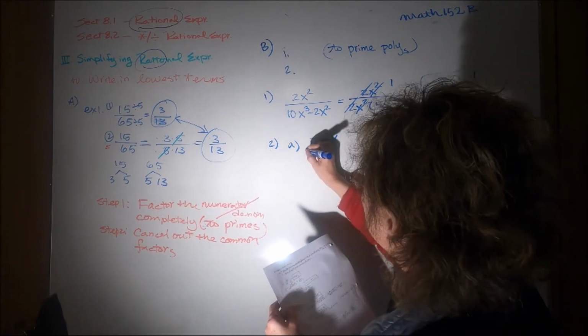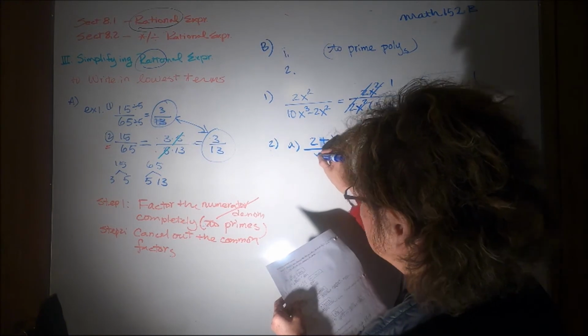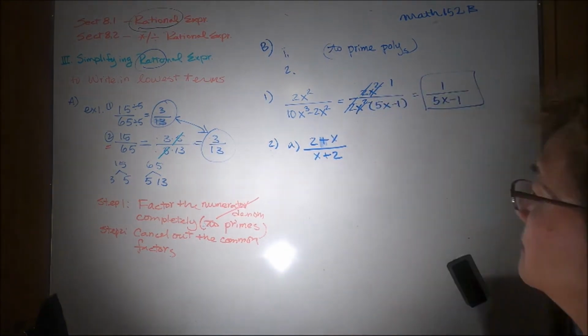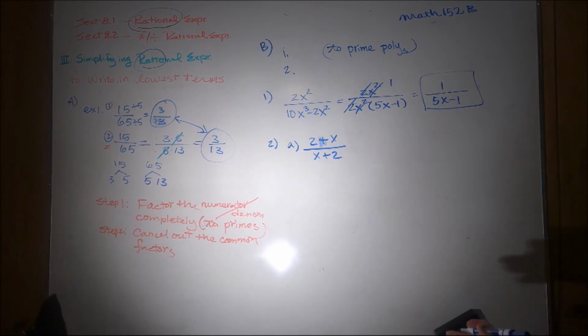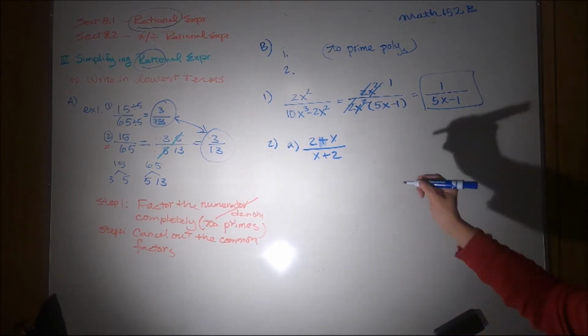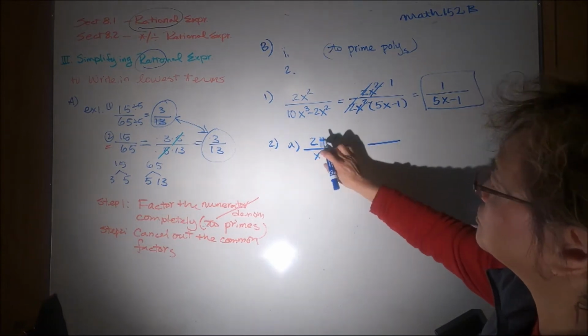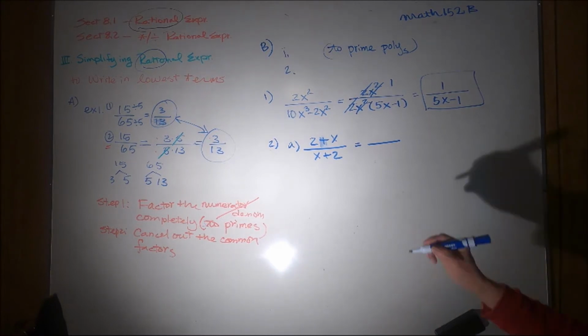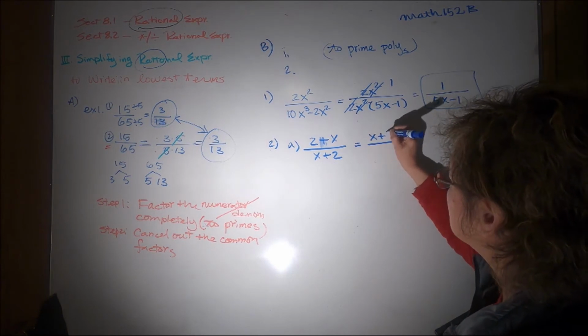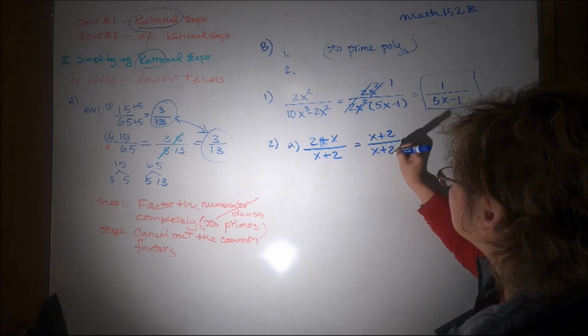For number 2, 2 plus x, x plus 2, right? So we always write the things what? In standard form. So what we do is actually 2 plus x, x plus 2, you know they are the same, right? 2 plus 5 is the same thing as 5 plus 2. But we will write it in standard form. That means what?